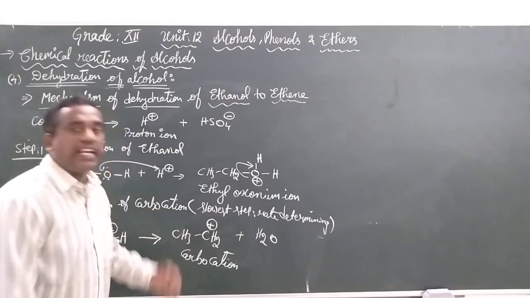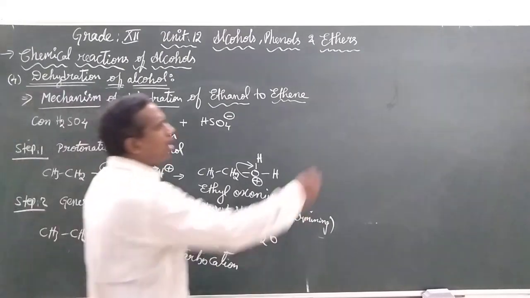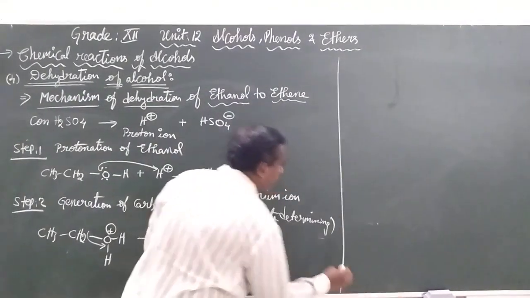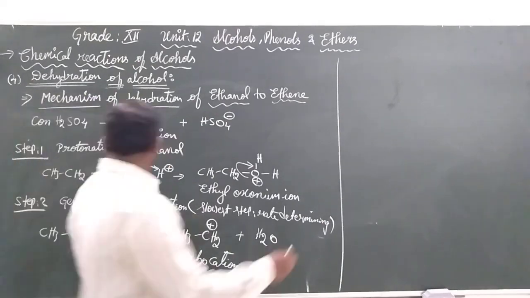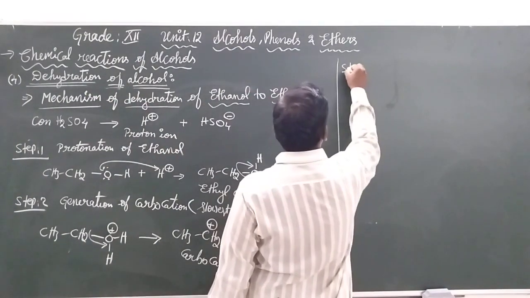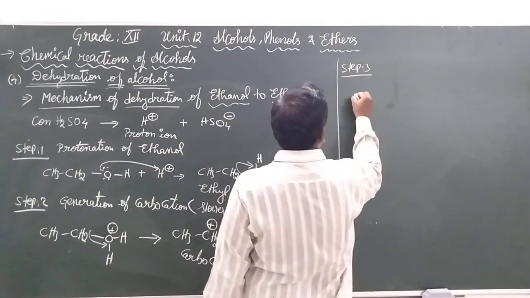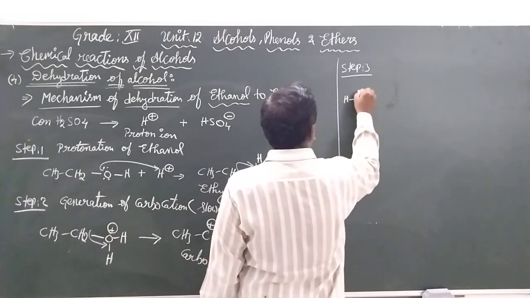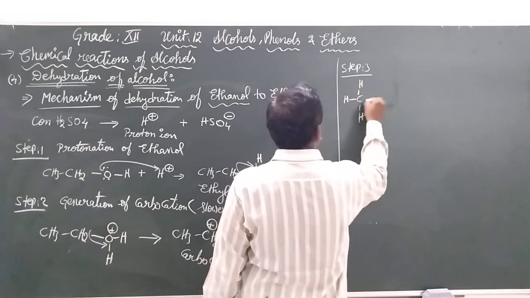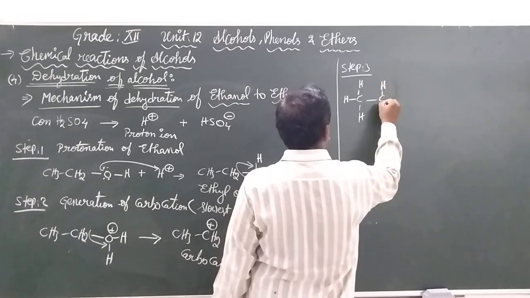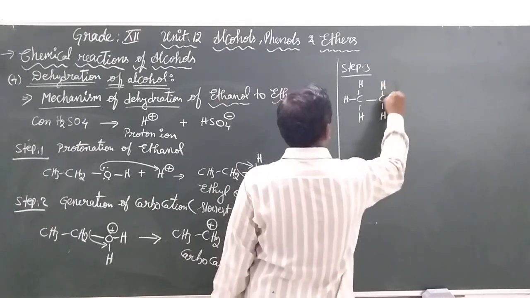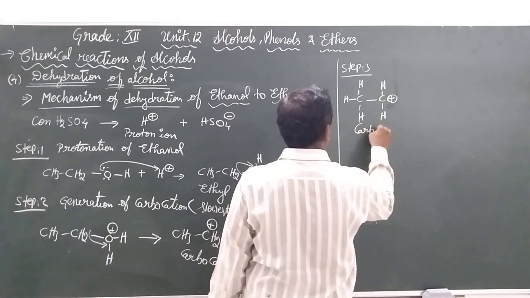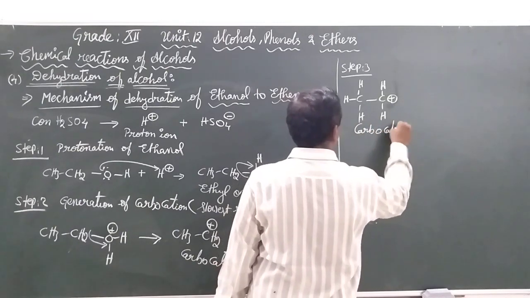Now how is the generated carbocation going to convert into an alkene? Let us see step 3. The 2 carbon atoms I am just writing in the open form. This is what we call the carbocation.